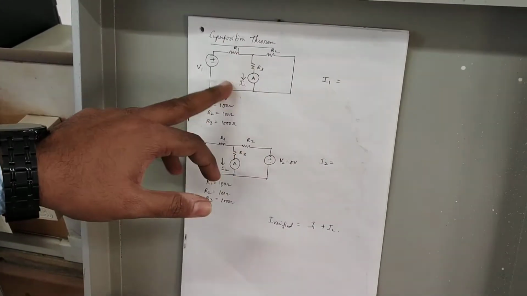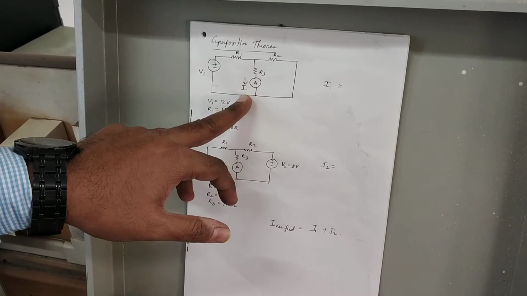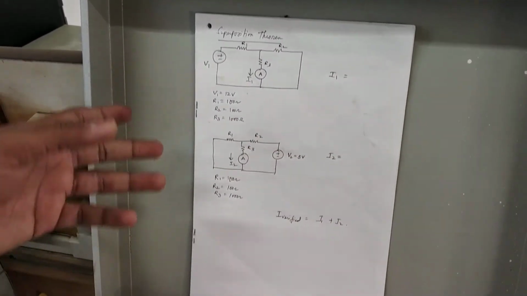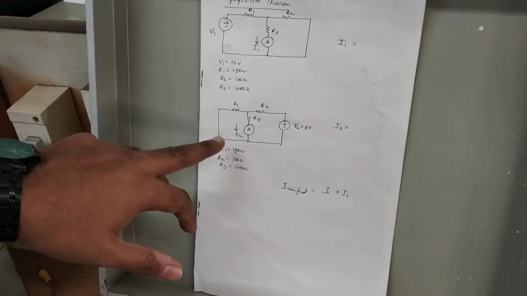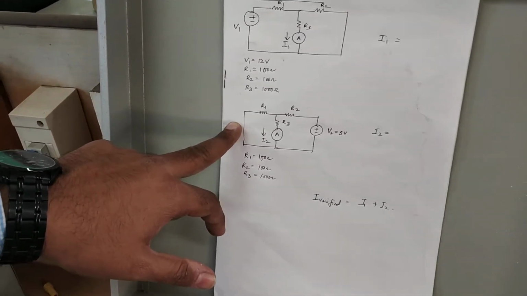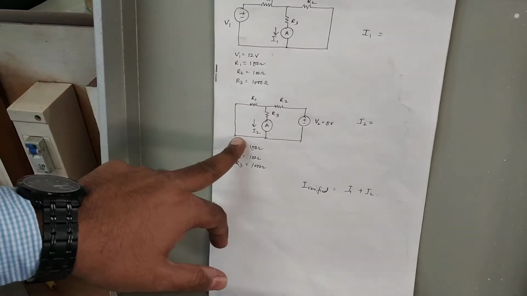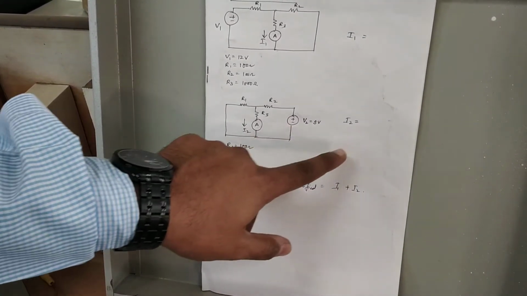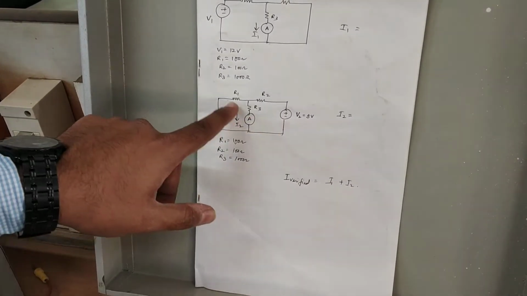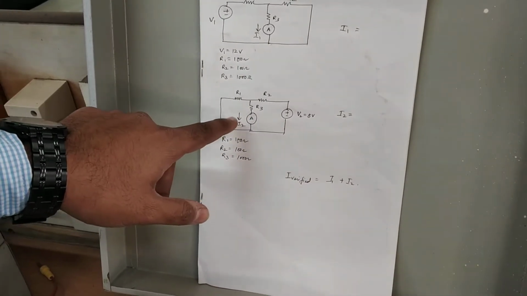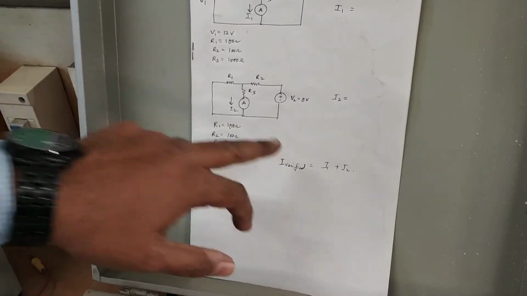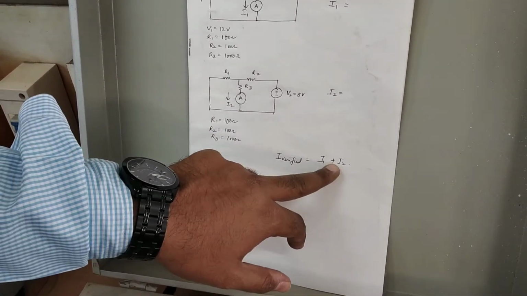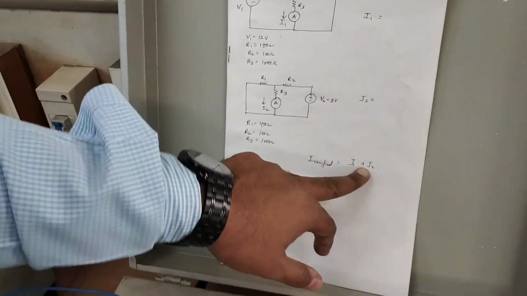I1 is the current flowing through R3, so we need to record I1. In the next step, V1 must be deactivated, so it is shorted, and V2 is active. You need to record the response I2. The verified current in the superposition theorem is obtained by adding those responses, I1 plus I2. This is all about the superposition theorem.